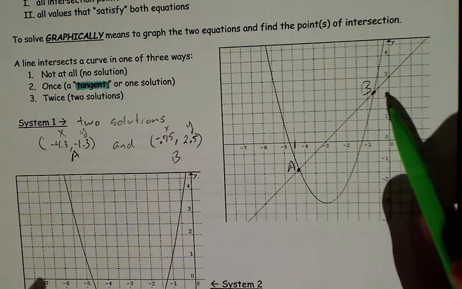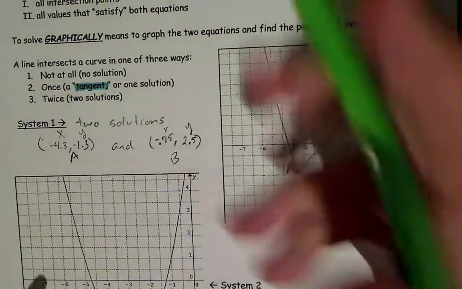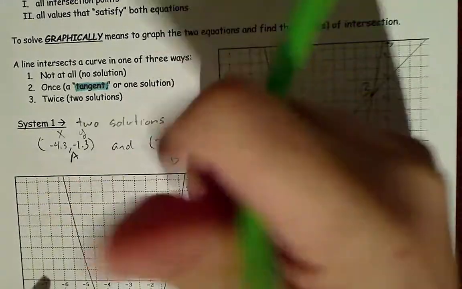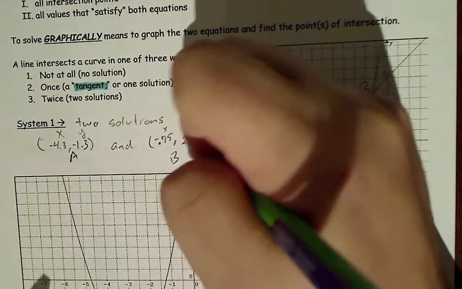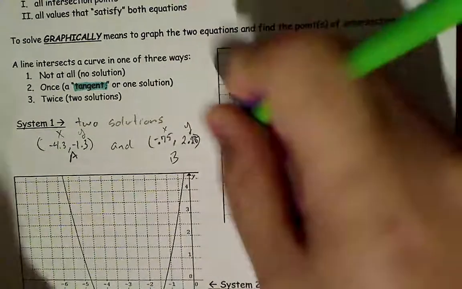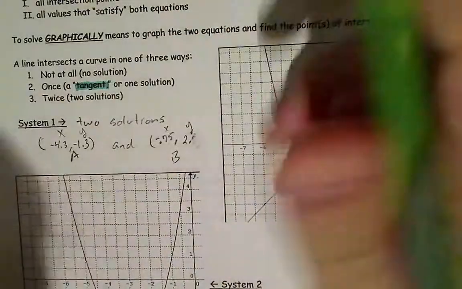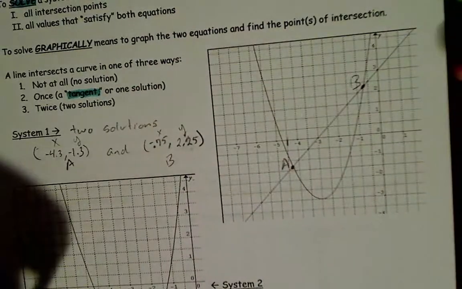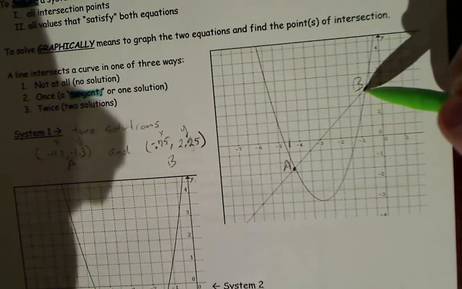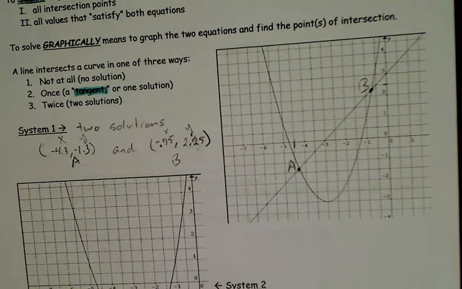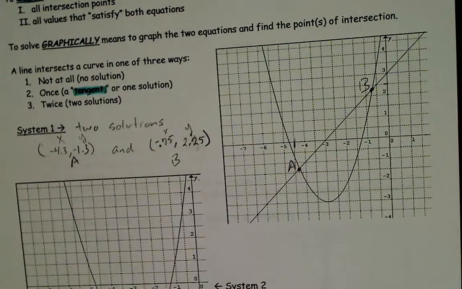And then up on the y, oh, sorry, it's not 2.5. It looks like it's about 2.25. Let me rewrite that. Yeah, 2.25. So when we do points of intersection, we're looking for the coordinates of the intersection points. And again, this is 2.5 right here, about 2.25, so it's an approximation based on that.